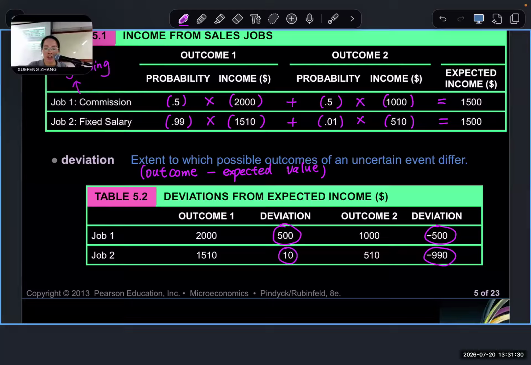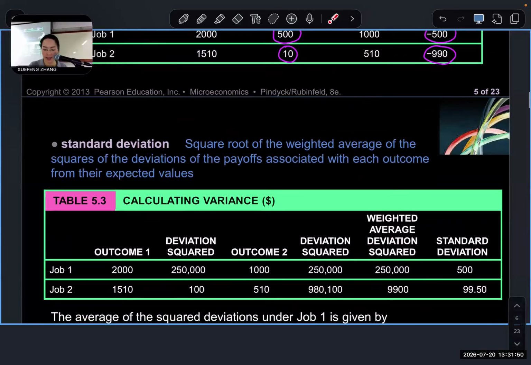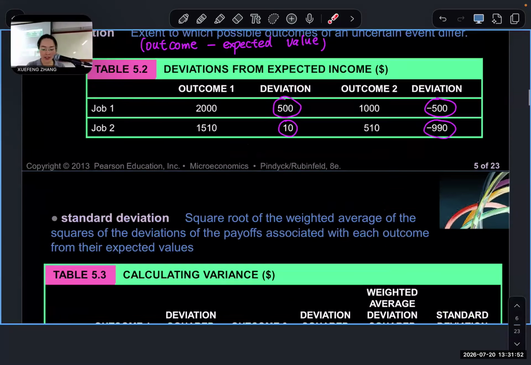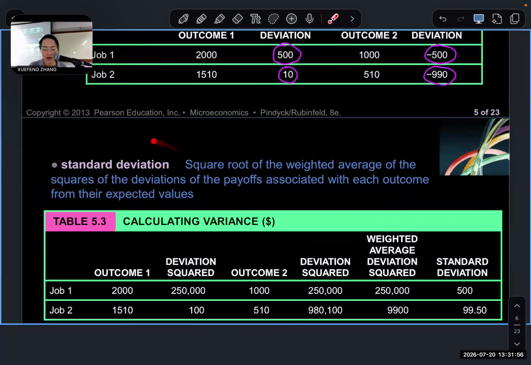Expected value alone, okay, from table 1, doesn't tell us everything. Two choices can have the same average outcome, but very different risk. That's why we need to measure variability too, okay? Variability here or deviation. If we get deviation, next one, we need to get the standard deviation.